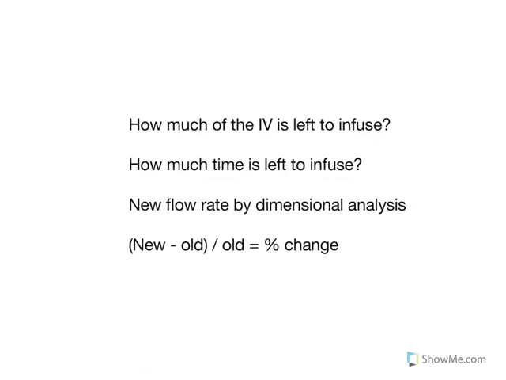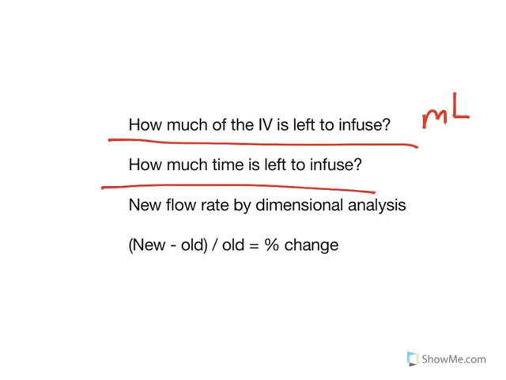So just to summarize, the steps we went through when recalculating the IV flow rate was first to determine how much of the IV is left to infuse. This will be in milliliters. How much time is left to infuse it in. This will be in hours.